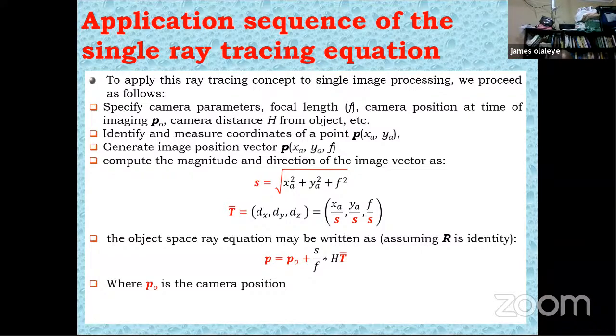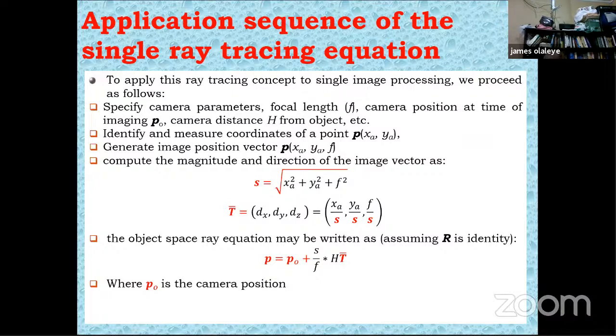Now you compute the magnitude and direction of the image vector as, first of all, compute S. S means the length of the ray in the image, and that can be computed by the Pythagoras theorem, XA, YA, and F. You square them, and find the square root, then you get the scale or the length of the line.